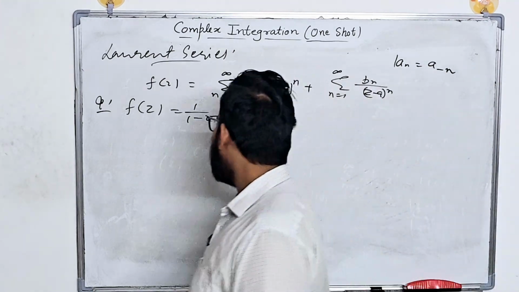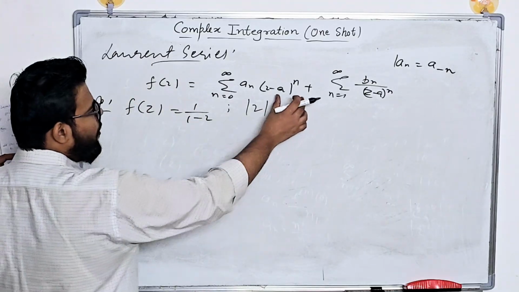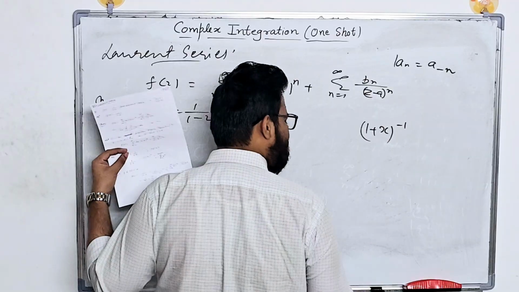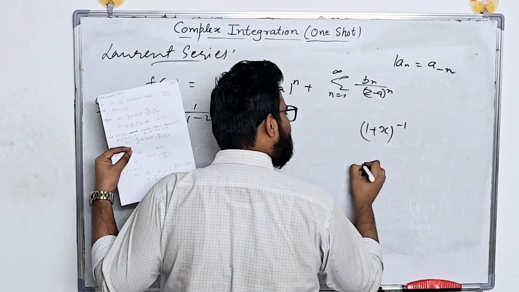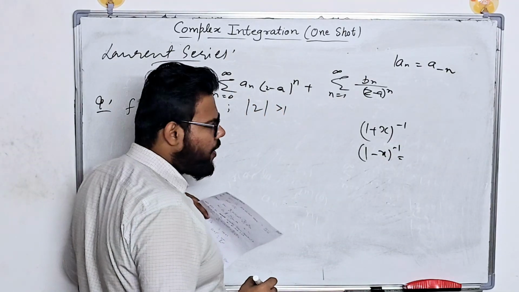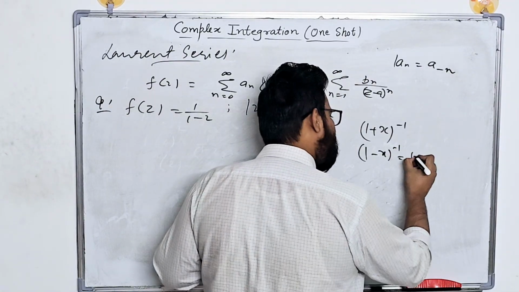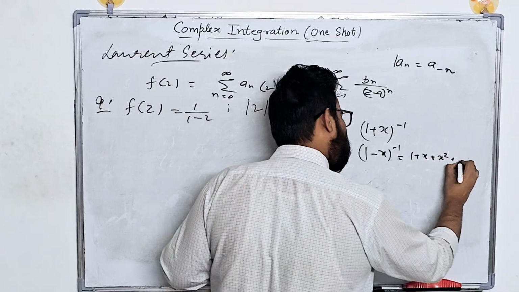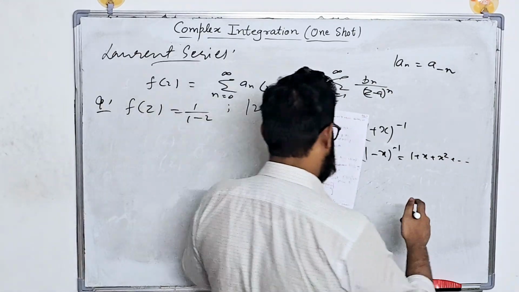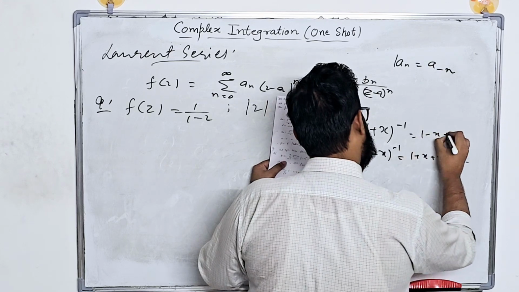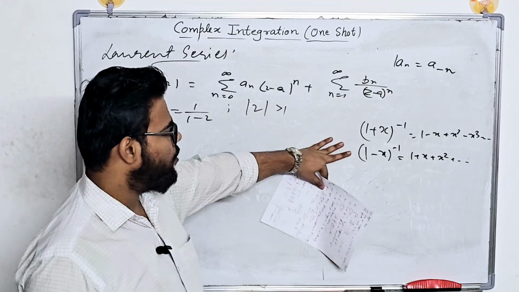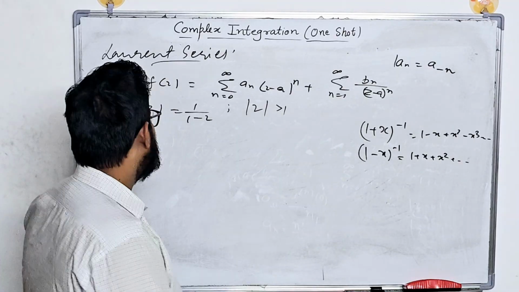Let's see how. Well, either you apply this formula, or if you remember, what is (1 plus x) raised to power negative 1, and what is (1 minus x) raised to power negative 1? It is equal to 1 plus x plus x square and so on, right? Correct? And the other expression is 1 minus x plus x square minus x cube and so on, right? If you remember this expression from the binomial expansion, right?